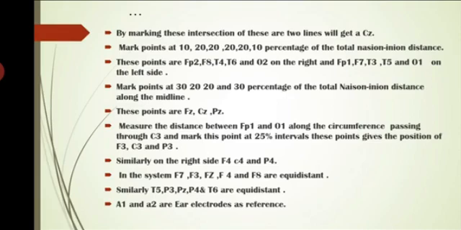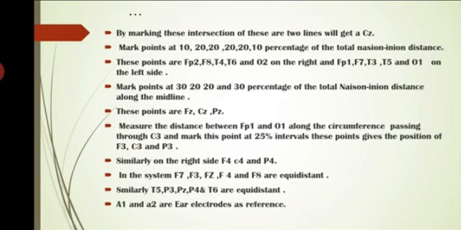These points are FP2, F8, T4, T6 and O2 on the right side, and FP1, F7, T3, T5 and O1 on the left side. Mark points at 30, 20, 20 and 30% of the total nasion-inion distance along the midline. These points are Fz, Cz and Pz.